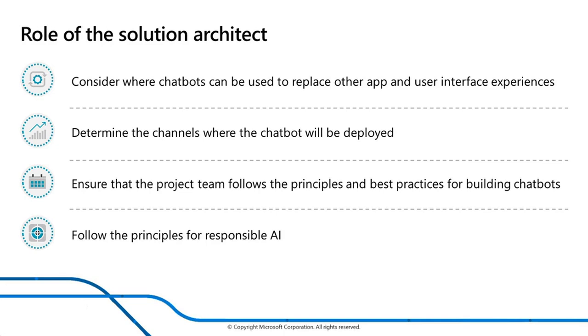You know that Microsoft is engaged in these principles for responsible AI. For example, you need to make sure that the way you use AI will not make any difference between your customers based on color or ethnicity or age or gender.